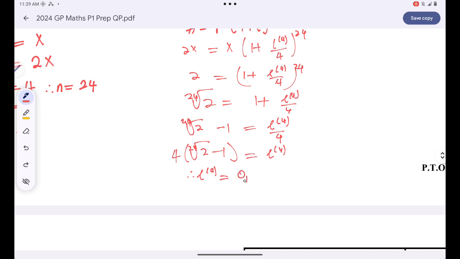This is just 0.1172089466, and hence the rate of interest, guys, just multiply the answer by 100. You'll simply get 11.72% per annum compounded quarterly.